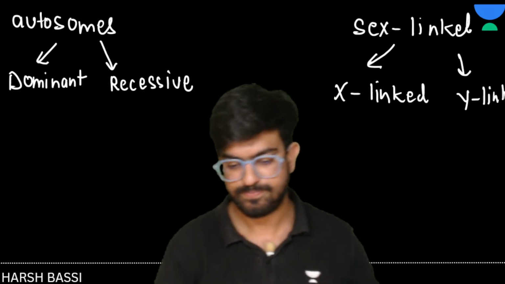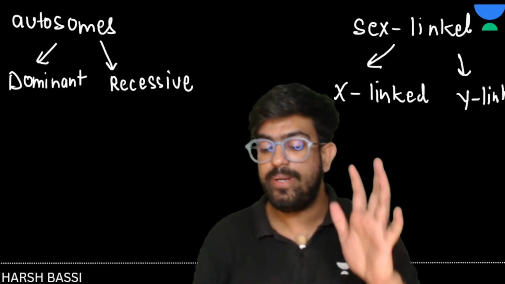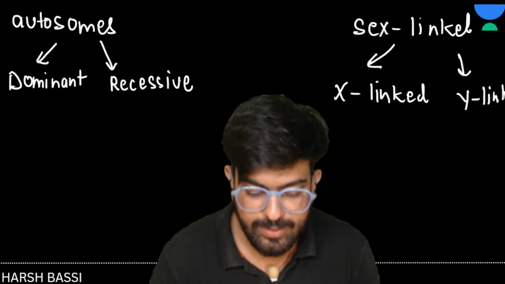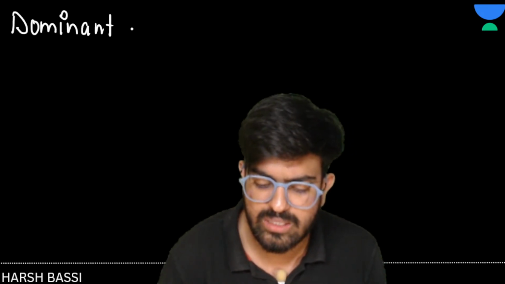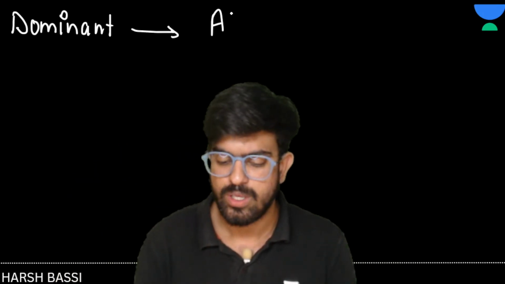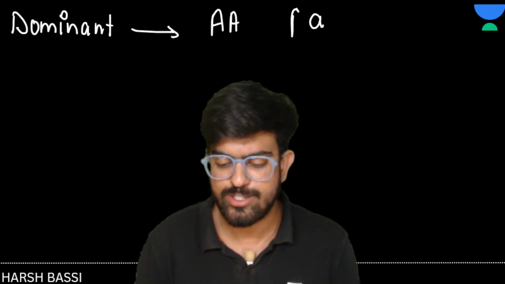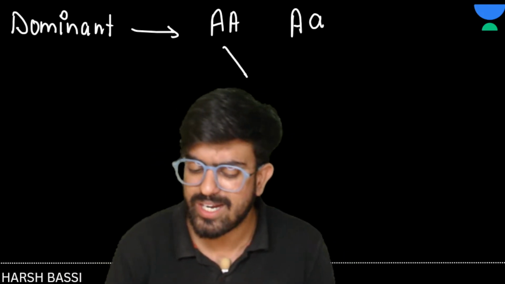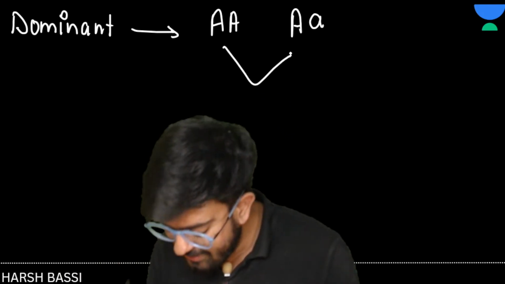Dominant means what, sir? If I say dominant, you will have one thing in your mind: that dominant means whether this condition or this condition, yes or no? So in both conditions, the disease will be there if it is dominant.